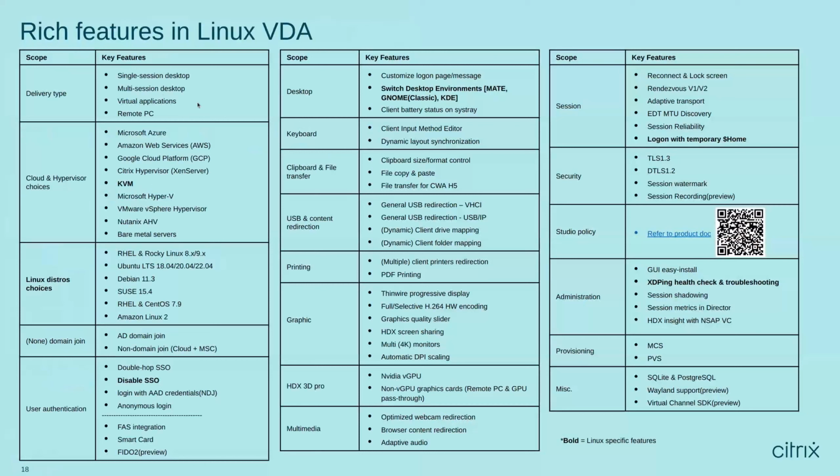If you look at this, we cover all the delivery types and the many public clouds and hypervisors we support with this Linux VDA. Later I'll show you how we support the different distributions, domain join, non-domain join, and user authentication.